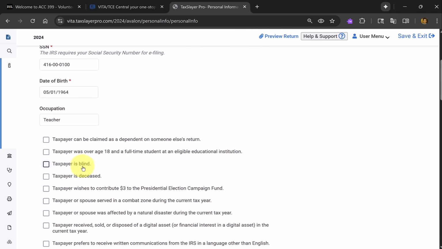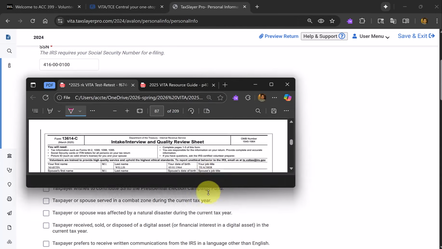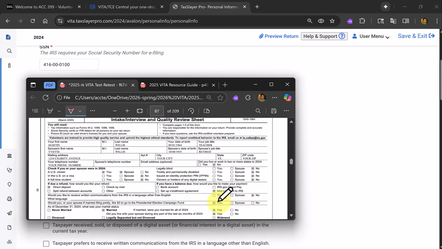Taxpayer wasn't blind, he didn't check off. Taxpayer is not deceased, he's right in front of me as I interview him. The taxpayer wishes to contribute $3 to the presidential election campaign. And that was checked off here on the intake sheet, right here. And Yvette didn't check it off for herself.